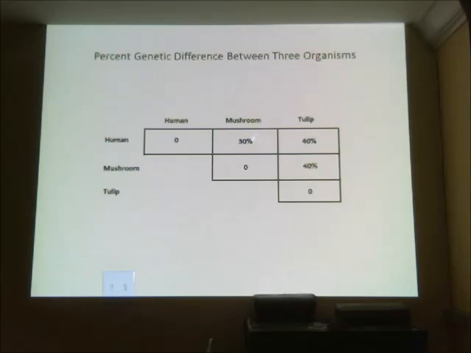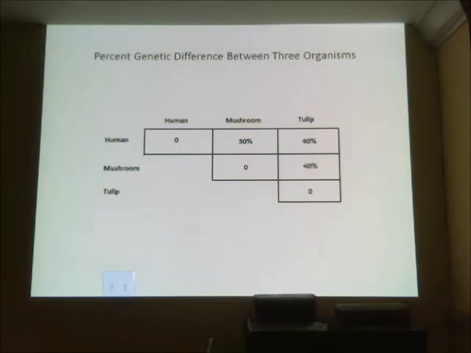There's a 30% difference in the DNA of a human and the DNA of a mushroom. Actually, that's quite a bit better than random, because it means that 70% of the DNA is the same. Only 30% is different.